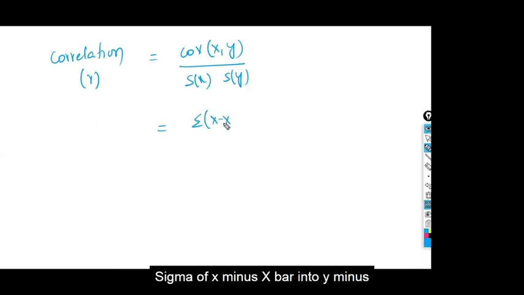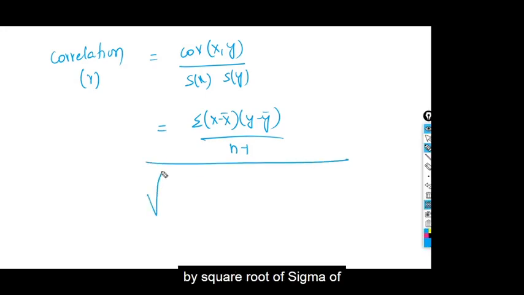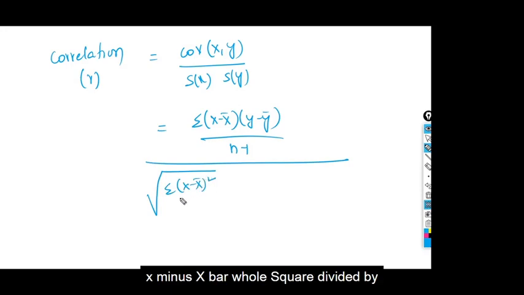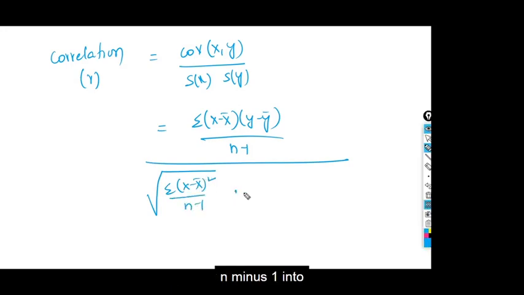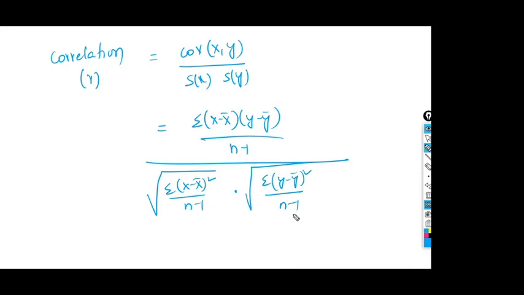Sigma of x minus x bar into y minus y bar divided by n minus 1, whole divided by square root of sigma of x minus x bar whole square divided by n minus 1 into sigma of y minus y bar whole square divided by n minus 1.